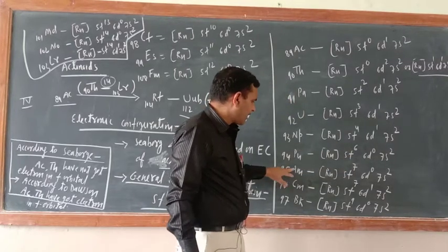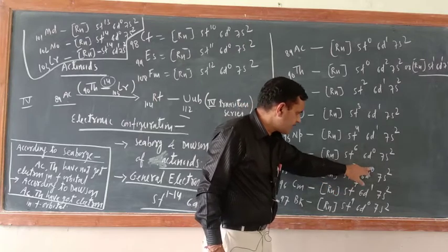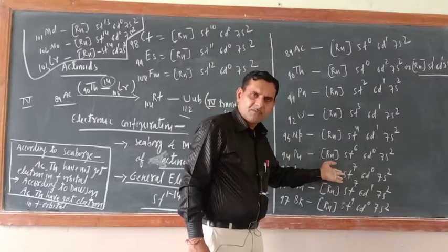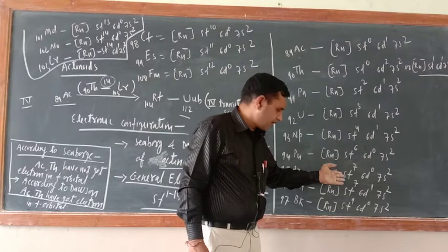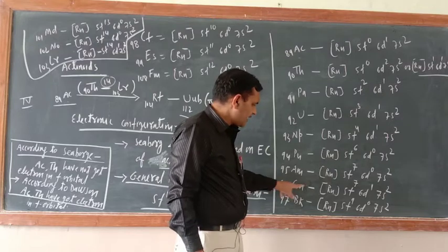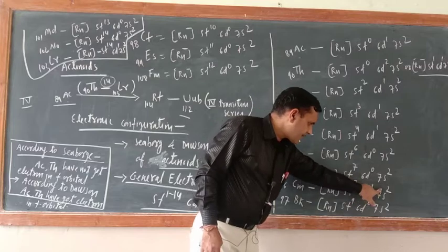Now americium 95: 5f7 6d0 7s2. Americium is stable because 5f has 7 electrons. Now curium 96: 5f7 6d1 7s2.